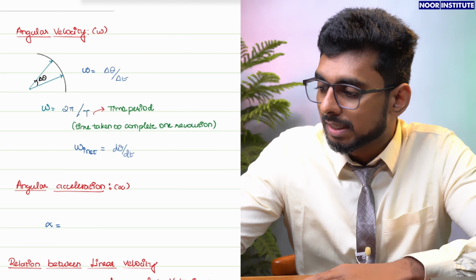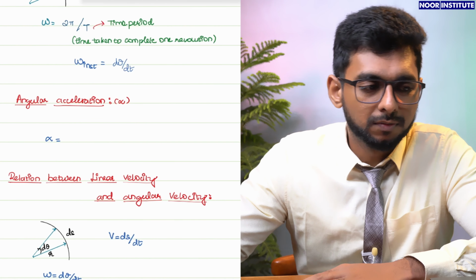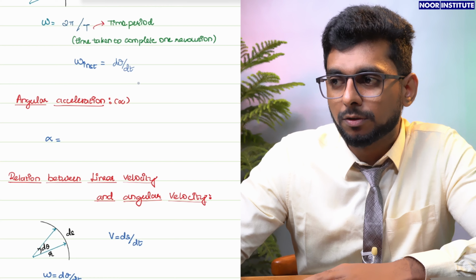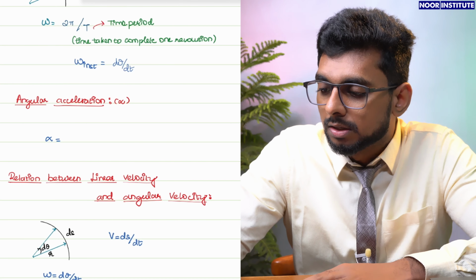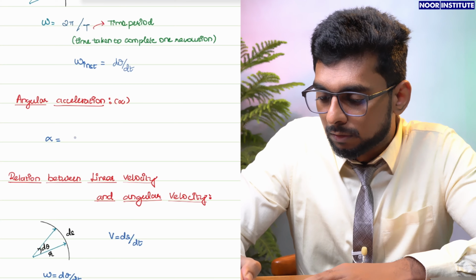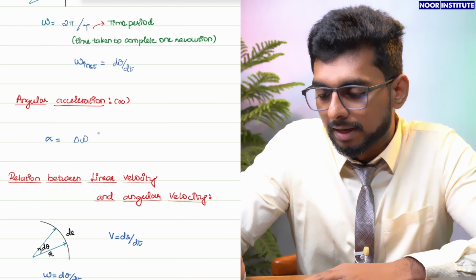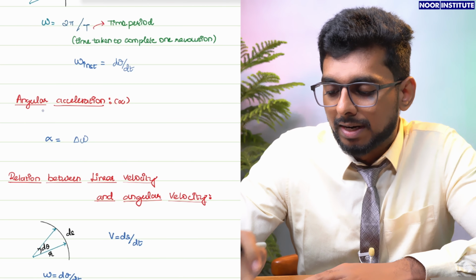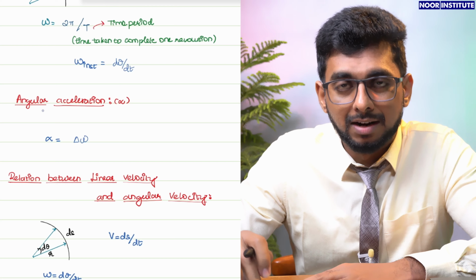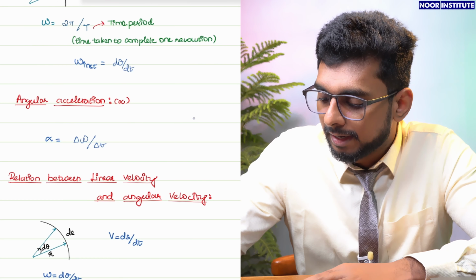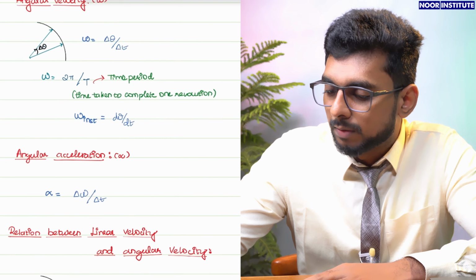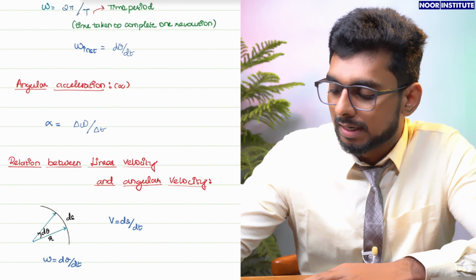Next you have the angular acceleration. Obviously, angular acceleration should be the change in angular velocity divided by the time interval. So the symbol for angular acceleration is alpha. Therefore, alpha is equal to change in omega divided by change in time interval, right? So you should be clear with angular velocity and then the angular acceleration.